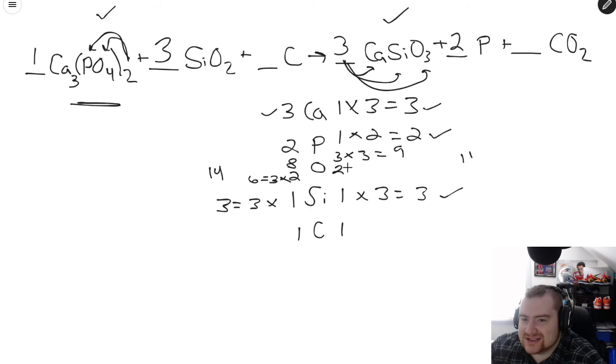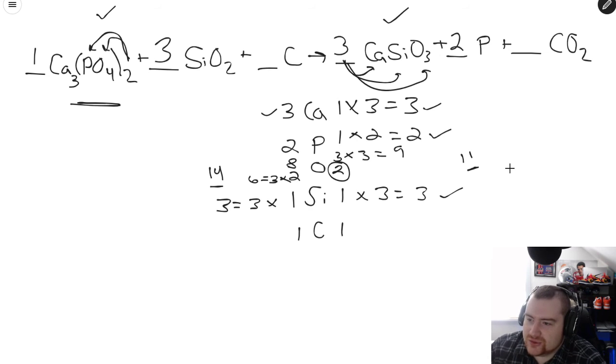So we cannot touch the left side oxygens, so it has to be 14. We can't touch the top on the right side. So the only oxygen we can touch is this 2 right here. That's the only thing we can touch. We have to multiply this 2 by some number in order to get the left side oxygens, which are 11 right now, and 14 to balance.